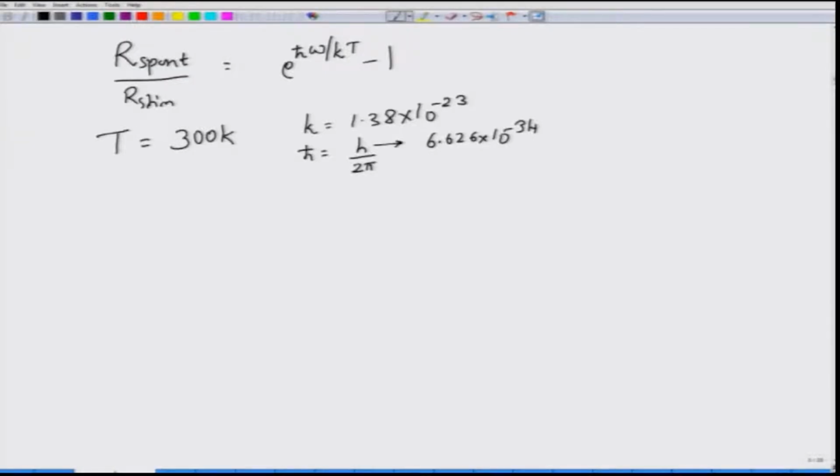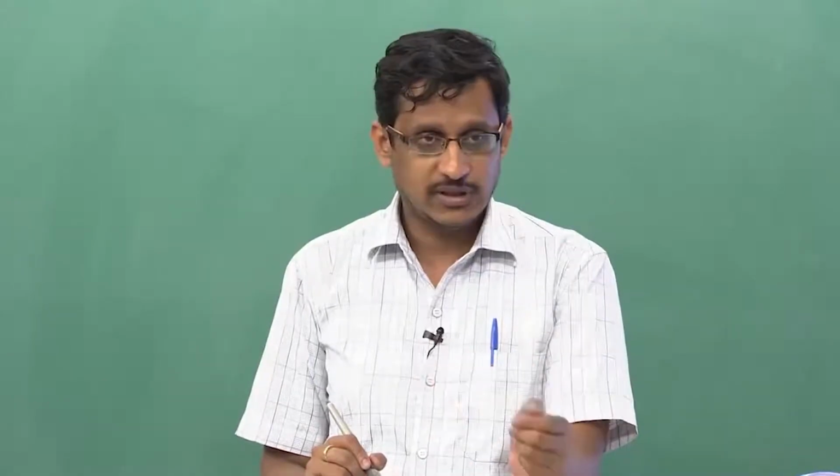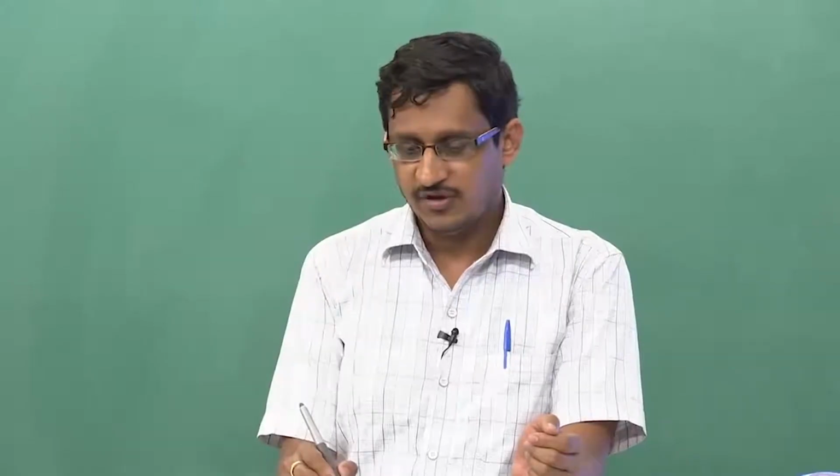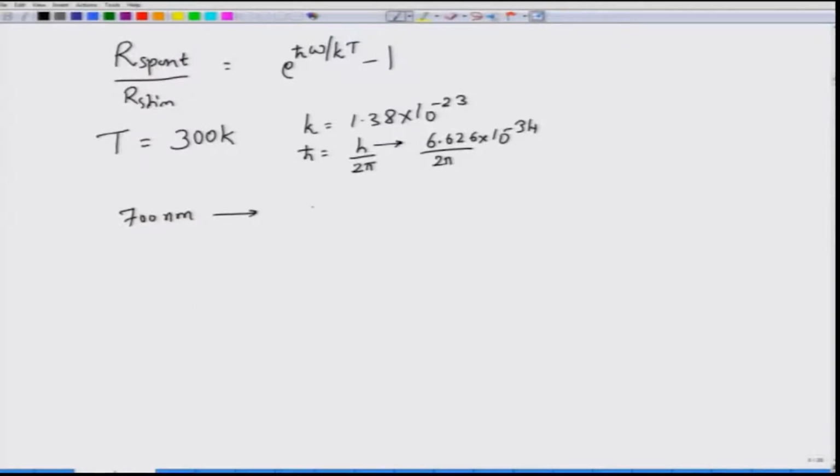Let us assume that the radiation we are interested in is at 700 nanometer. We want to know the spontaneous emission at the frequency corresponding to a wavelength of 700 nanometer, which is roughly 10 to the power 15 radian per second.